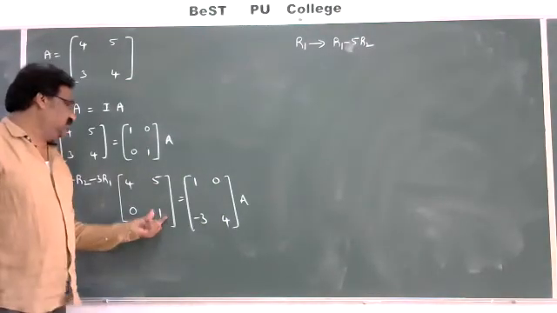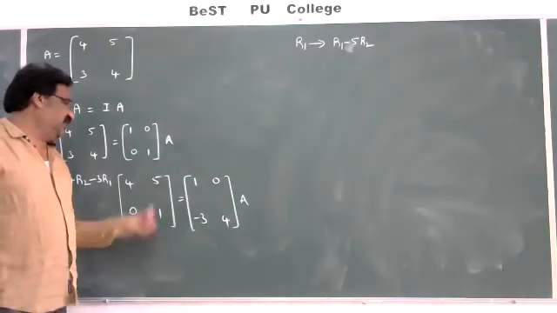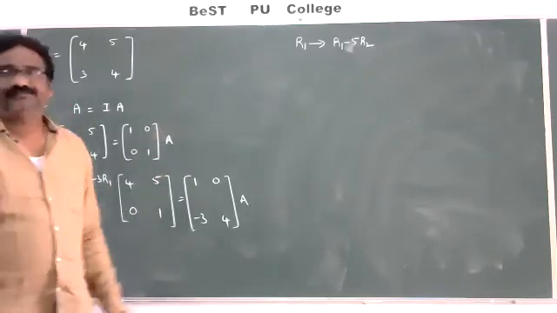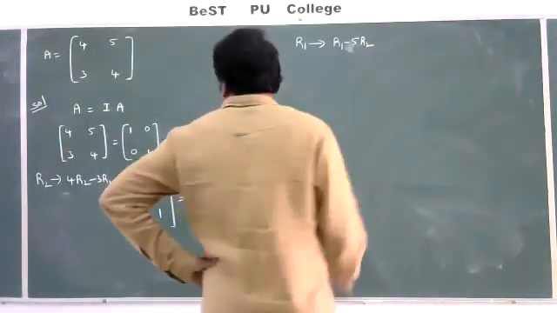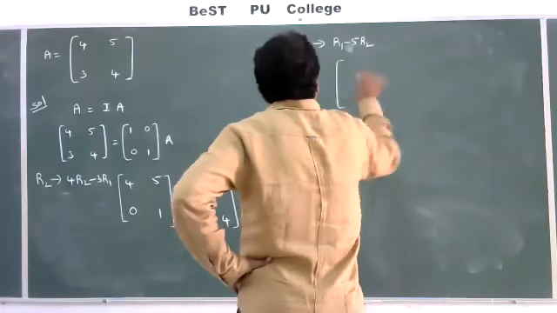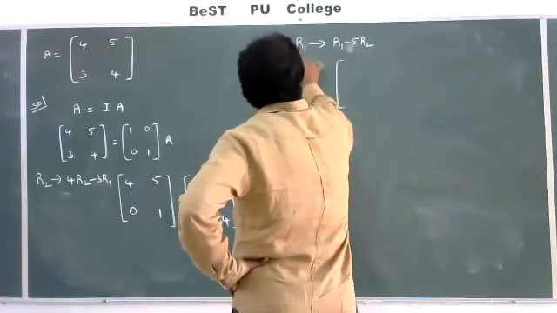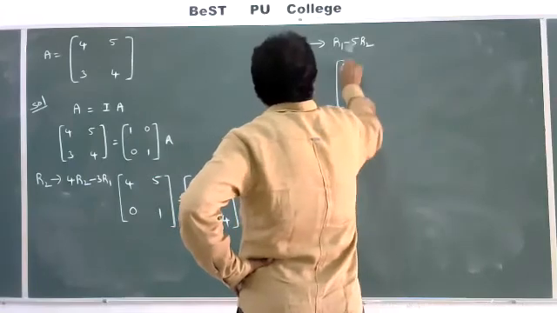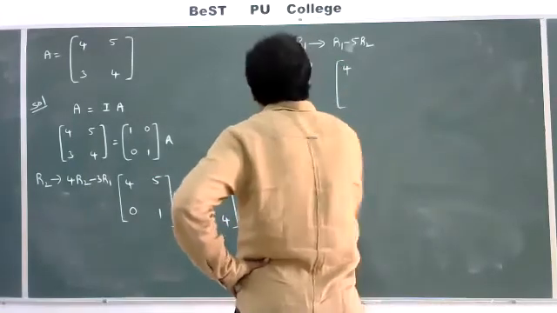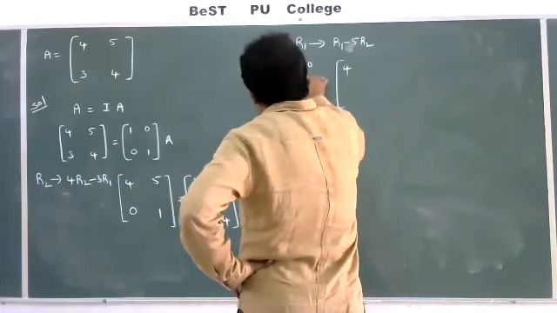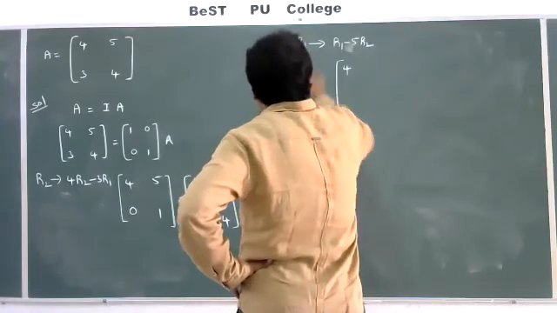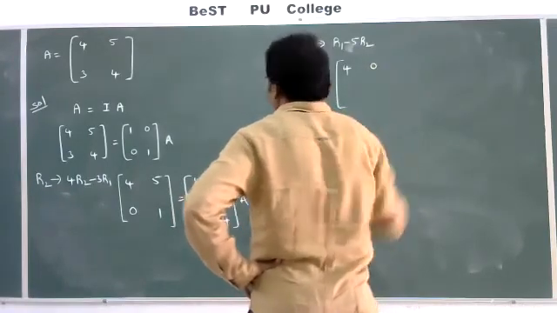This is 1. 5 into 1 is 5. 5 minus 5, you get 0. That is, first row, 4 minus 5 into 0. That is 0. That is 4. 5 minus 5 into 1, 5. 5 minus 5, 0.